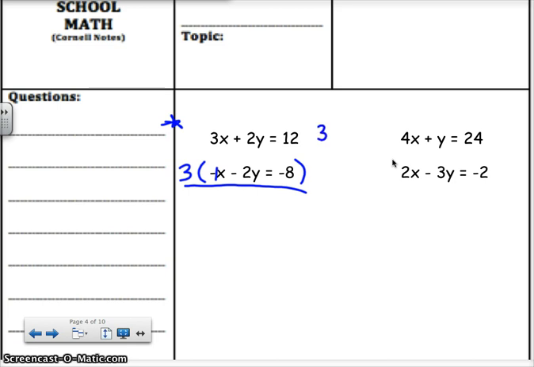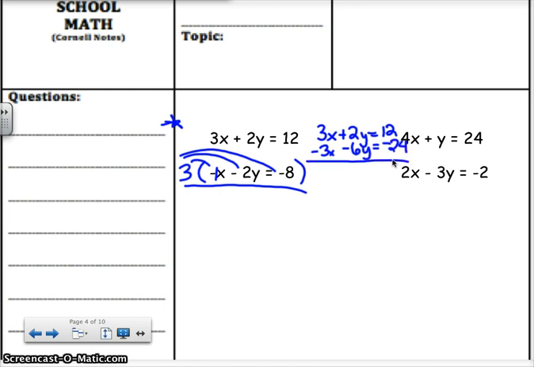So then I get this. You have to rewrite it because you want to be able to line things up. And then you distribute to everything. So I get negative 3x minus 6y equals negative 24.